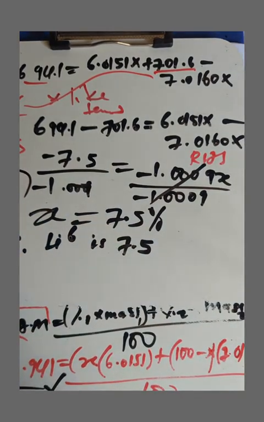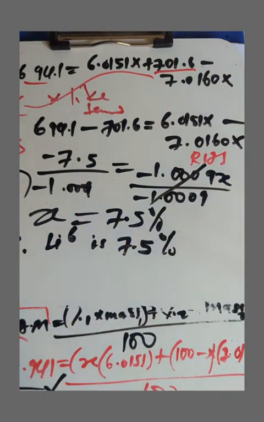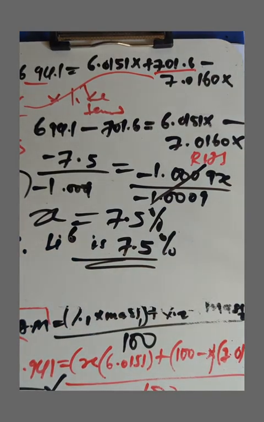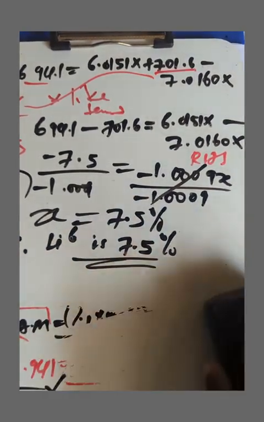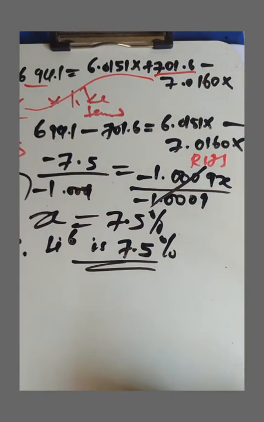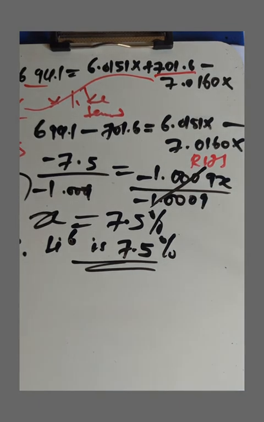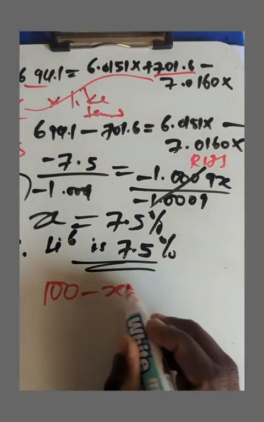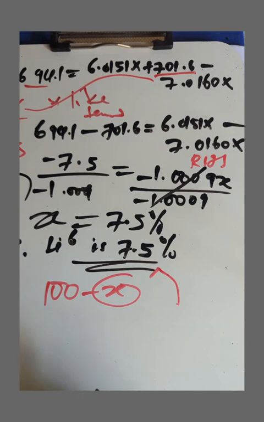If now you want the percentage of lithium 7, remember the total abundance is always equal to 100%. So finding lithium 7 is now very easy. We say 100 minus x, and our x value is now 7.5.